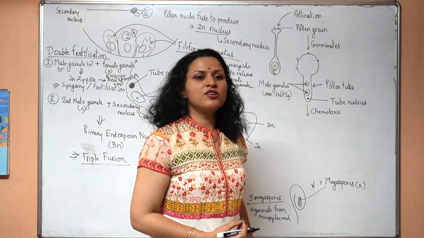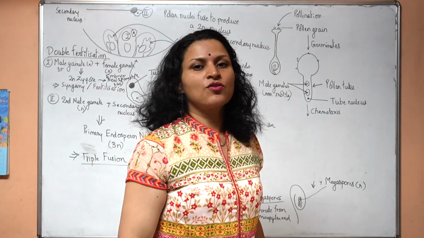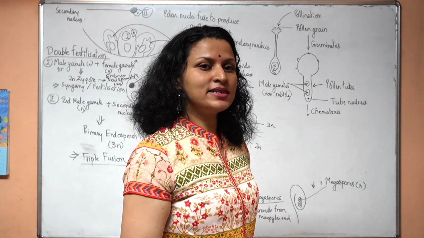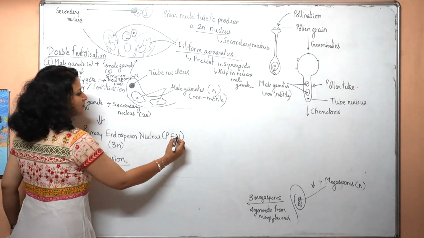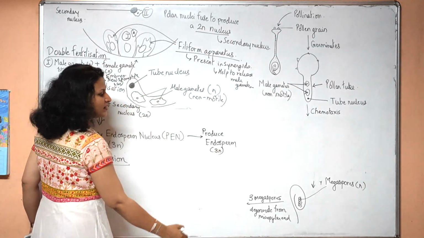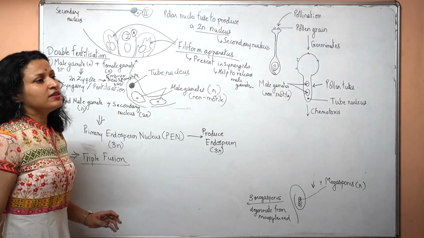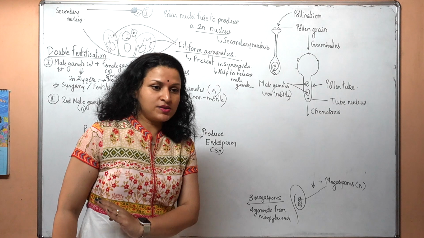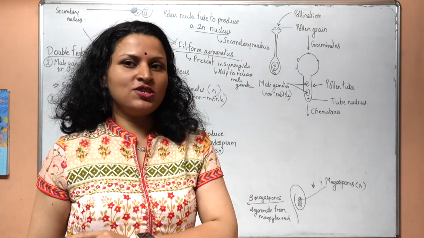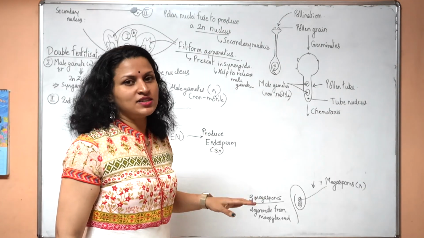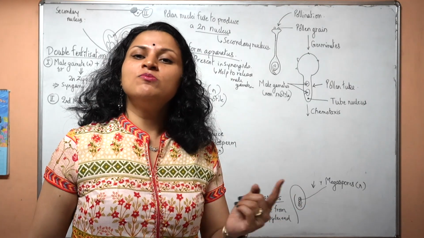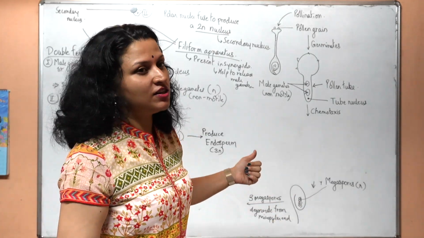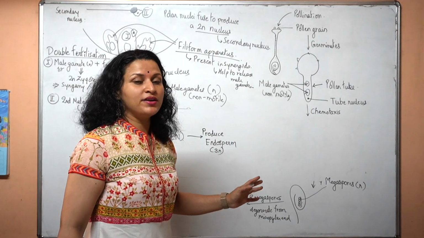Endosperm will provide nourishment to the growing embryo when it is in the seed stage. Very important: the endosperm of the gymnosperms was formed before fertilization. This one is produced after fertilization. The endosperm of the gymnosperms is haploid. However, here the endosperm is triploid, not haploid.